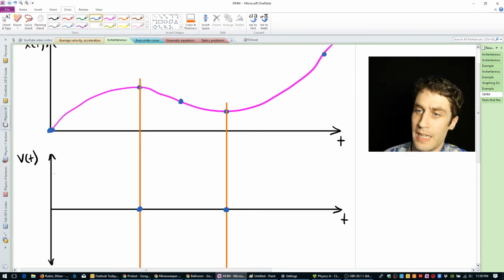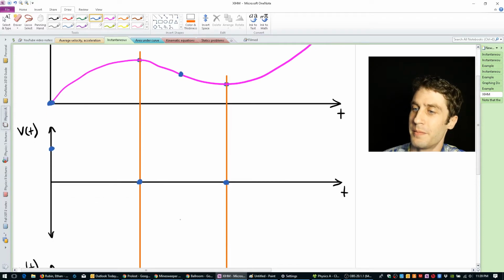Since it's moving to the right and the displacement is increasing, this is a positive velocity over here. Since it's moving backwards, its displacement is decreasing, so it has a negative velocity in that region. Maybe something like that.